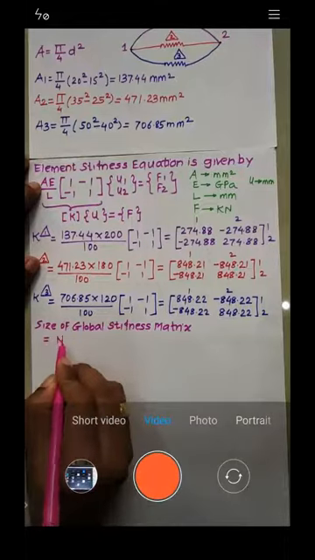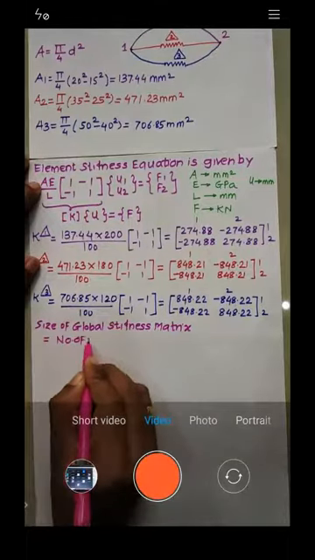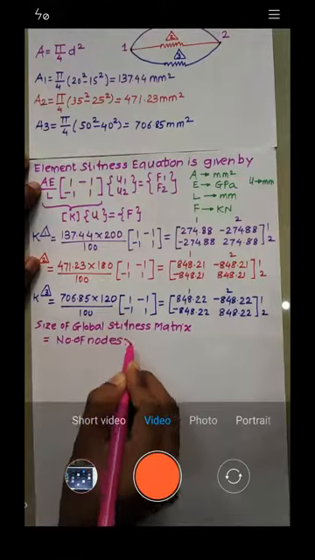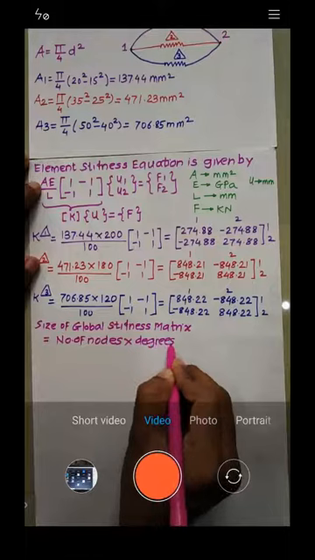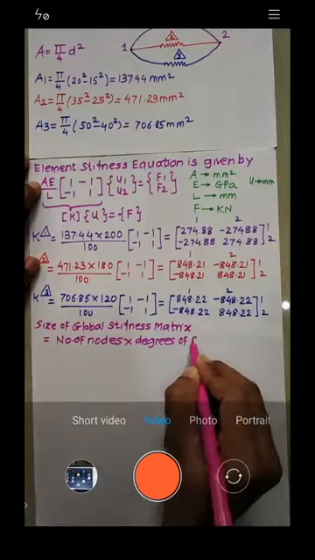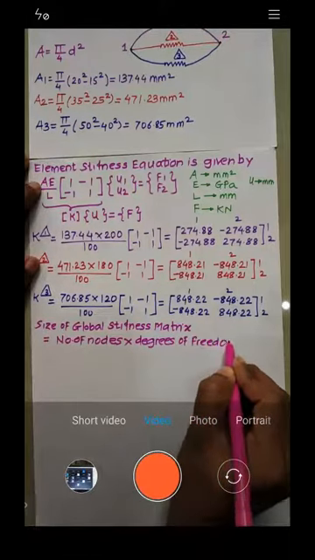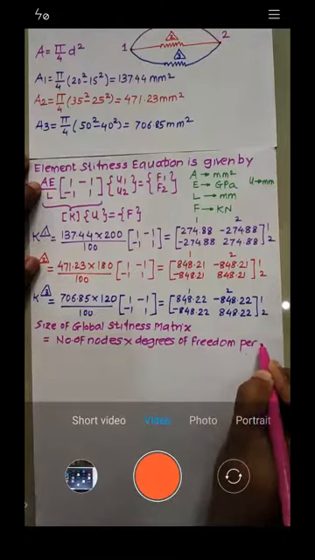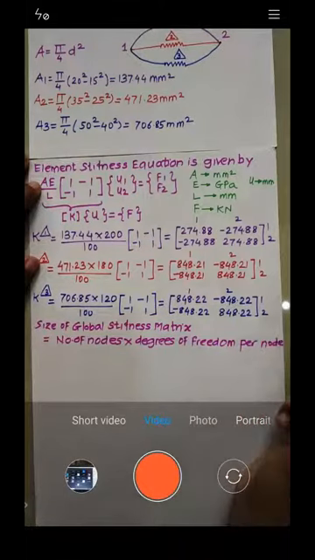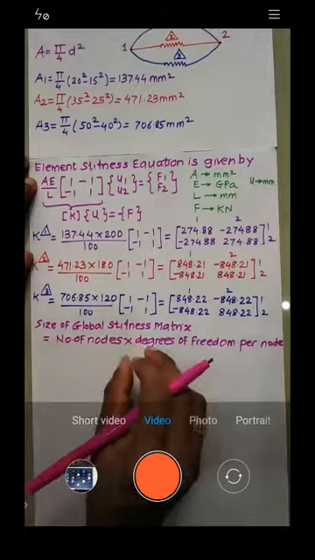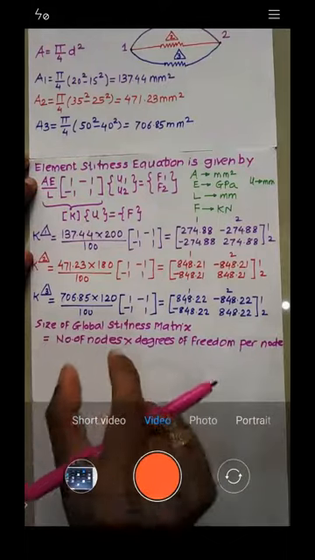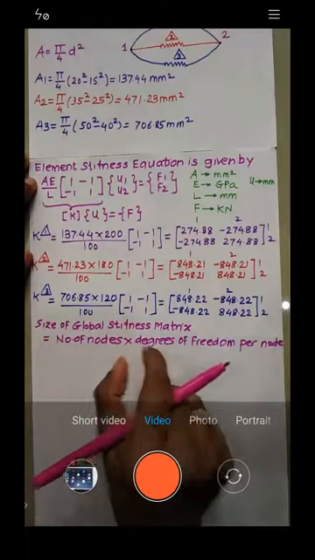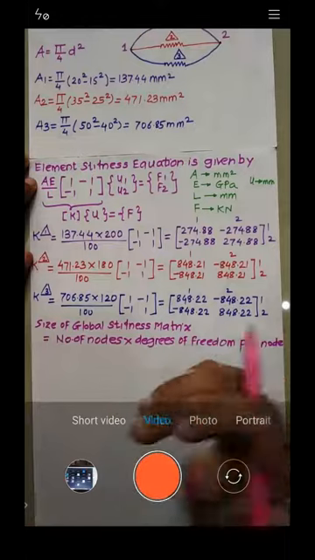It is determined by the number of nodes multiplied by the degrees of freedom per node. How many nodes you have, multiplied by in how many directions the node can move.